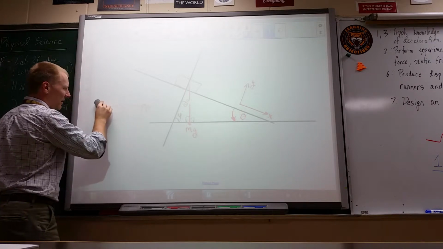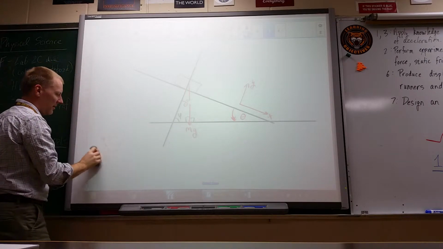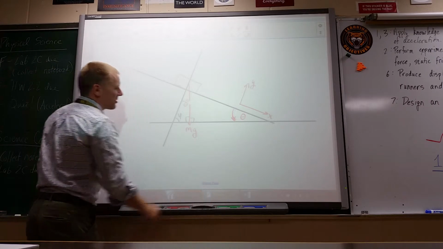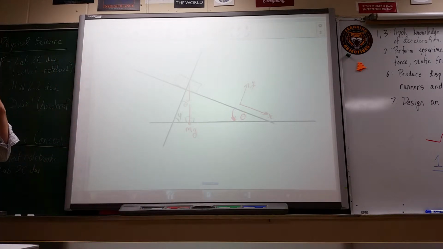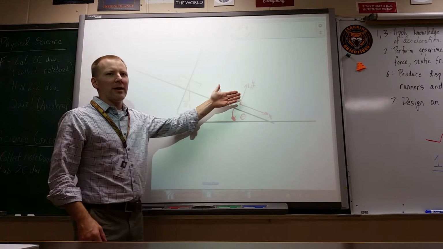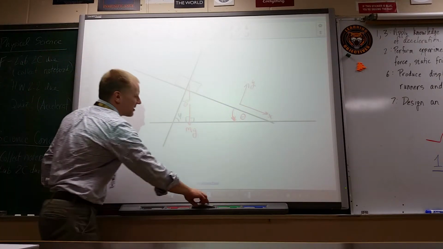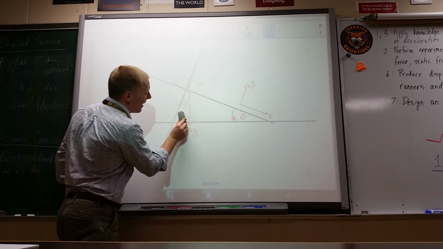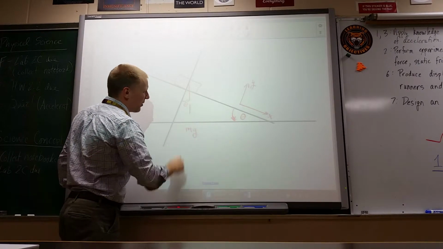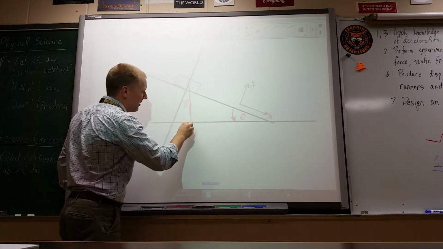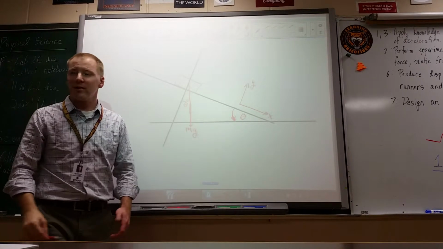Okay. So now what I want to do is, I really can only work in X and Y to make this make sense. So I have to get which parts of mg are along X and which parts are along Y. Right? I need to get those components.